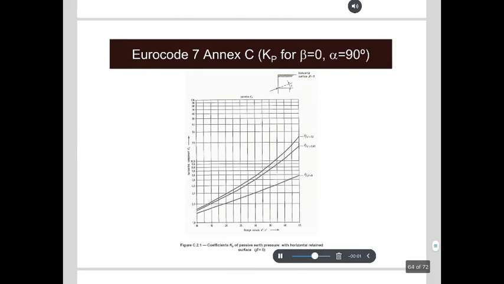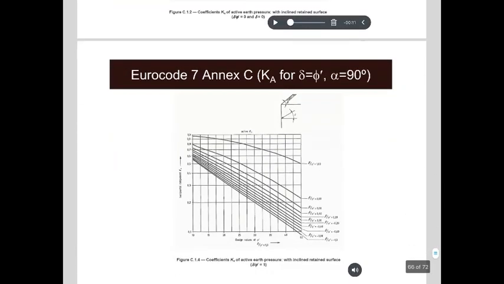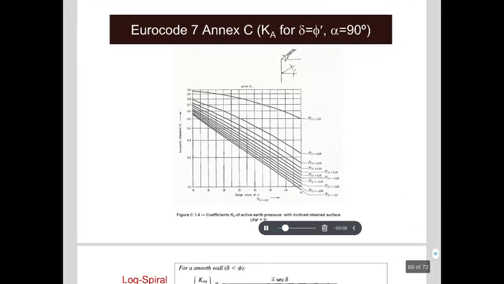This is for the Kp condition. This is to find the Ka for sloping backfill, and in this case the delta, which is the roughness of the wall, is equal to 0. This is also for the Ka condition, but in this case the delta is equal to phi prime, meaning that the wall is very rough.